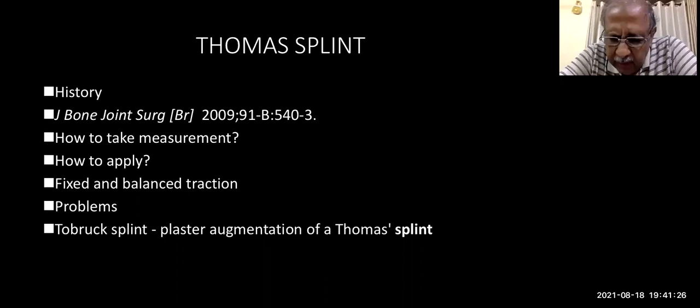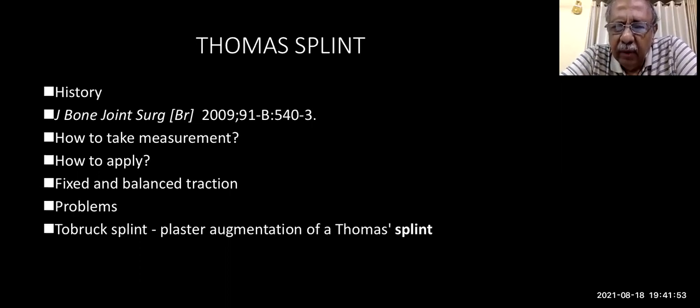And another question that may be asked is what is a Tobruk splint? Tobruk is a place in northern Africa where there was war between the Allied forces and the Germans. And during that time, the injured patients, especially with fracture, lower limb injuries, had to be transported for a long distance to UK. And what they did was apply a fixed traction in the Thomas splint, and then they applied plaster over that.